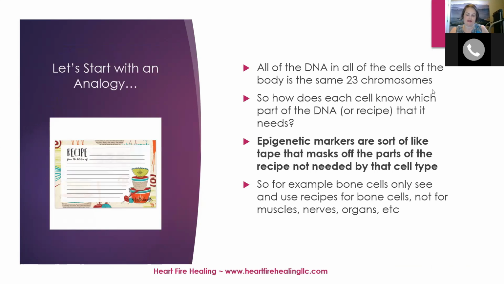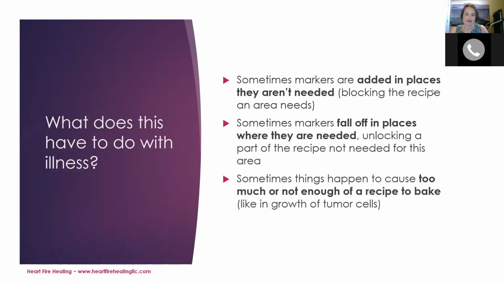So hopefully that makes a little bit more sense of what this means. But the problem is, what does this have to do with illness? Sometimes markers get added in places that they aren't needed, so it blocks off the recipe an area needs. The muscle cell can't get part of the recipe for muscles, and it needs that in order to function.